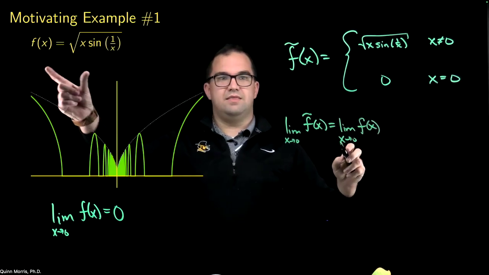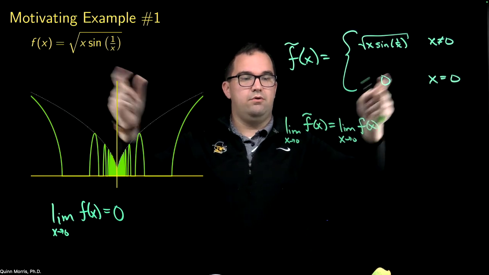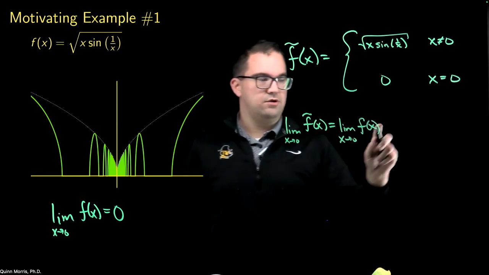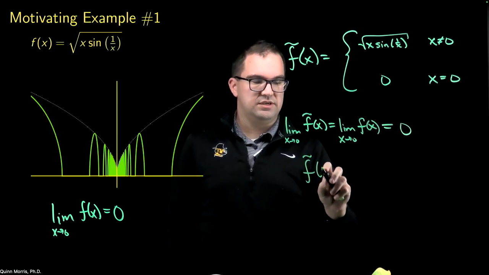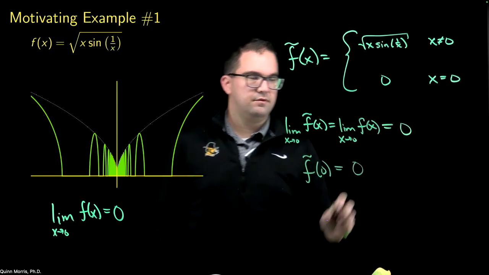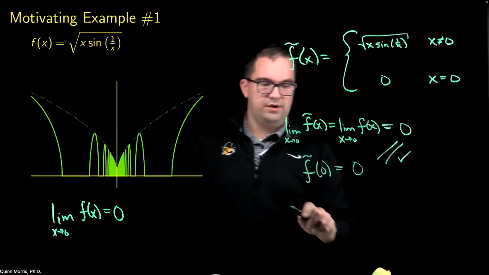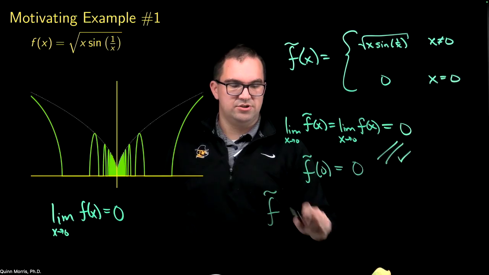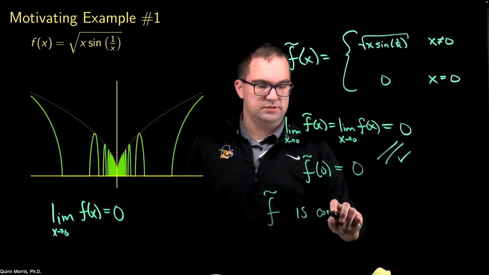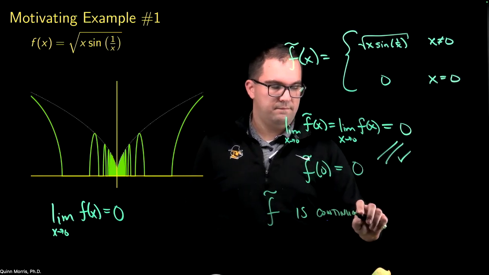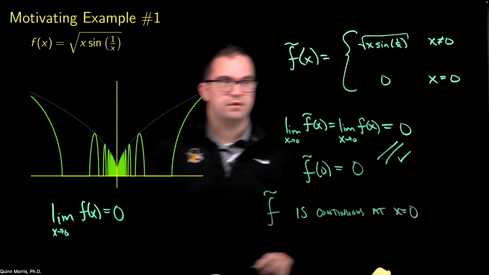Precisely because this function and this function are the same when x is not equal to 0, and that's all the limit actually cares about. Okay, but now f tilde of 0 is defined, right? It is 0, and these two are equal. So this extension, this function f tilde is continuous at x equal to 0.